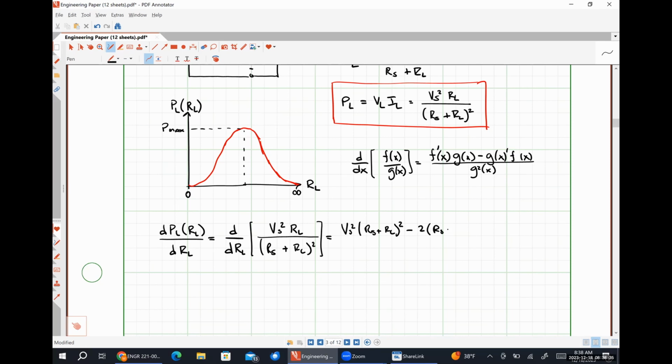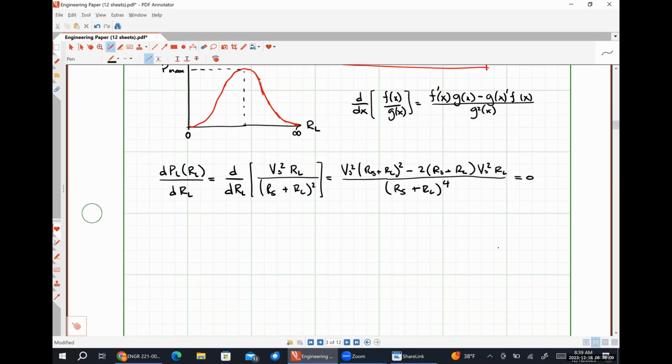Twice (RS plus RL) times VS squared RL, divided by (RS plus RL) quantity to the fourth power, because we're squaring the squared. And this must be 0. And in order for this to be 0, our numerator just needs to be 0, right?